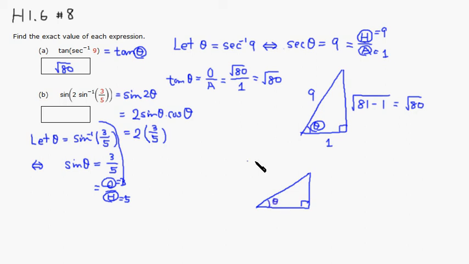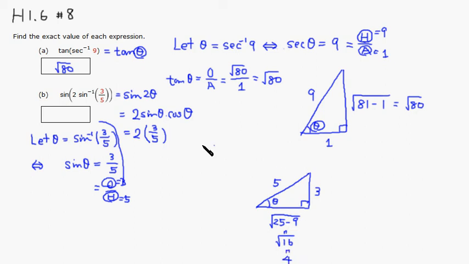Opposite is 3 and hypotenuse is 5. So the adjacent is going to be the square root of 5 squared, which is 25, minus 3 squared, which is 9, which is the square root of 16, which is 4.